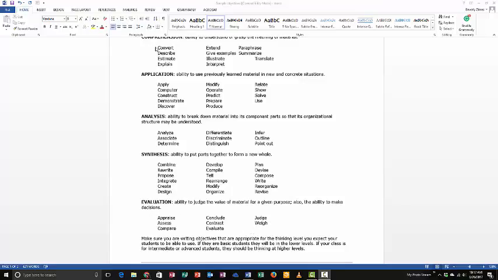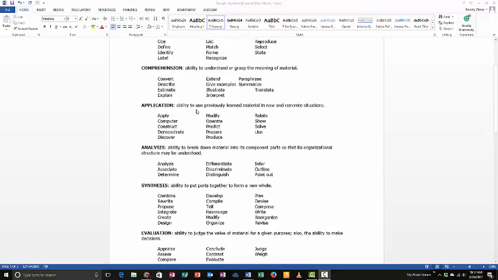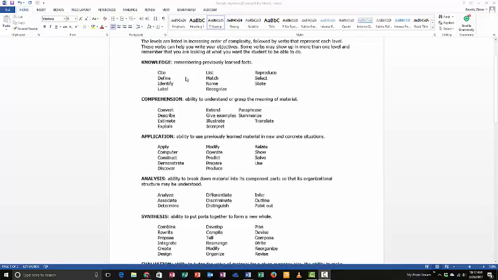As you can see, we're going up the scale of what the student has to do. So you want to be sure that you're writing objectives that are appropriate for the thinking level you expect your students to be able to use. If they're basic students, they'll be using the lower levels. If your class is intermediate or advanced, they should be working more up in application and above. You shouldn't have to tell them a lot at the knowledge and comprehension level if they're intermediate students.